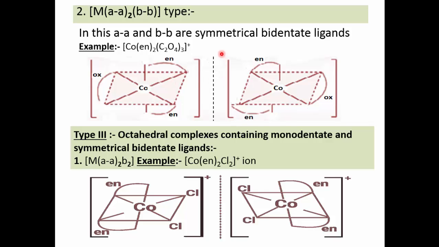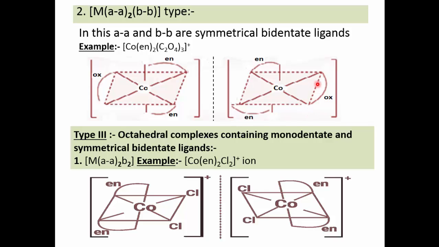Now when the mirror is placed, what happens? This nitrogen atom which is present at the second position is transferred to the fifth position. Okay, and the oxalate ion which is attached here at the fourth and fifth positions is now transferred to the second and third positions.